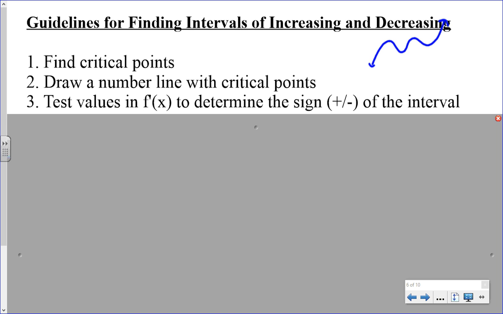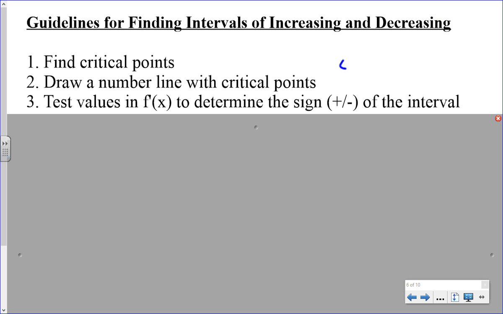And what you're going to do is test values in between those critical points to determine if your derivative is positive or negative. I'll have you notate that by putting either a positive or a negative on that interval. It's going to look something like this.